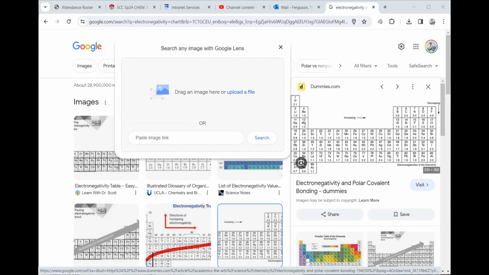Okay, London dispersion forces simply are unequal arrangement of the electrons. Because we have vectors here now.